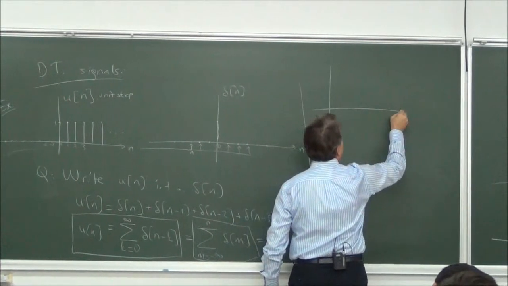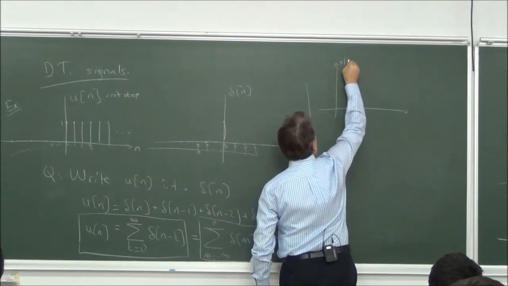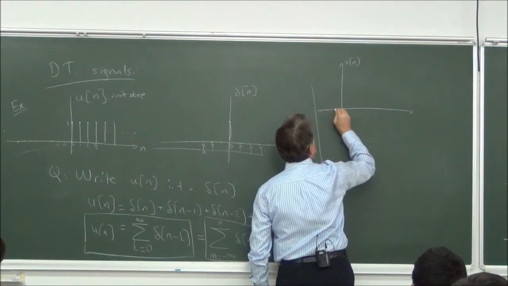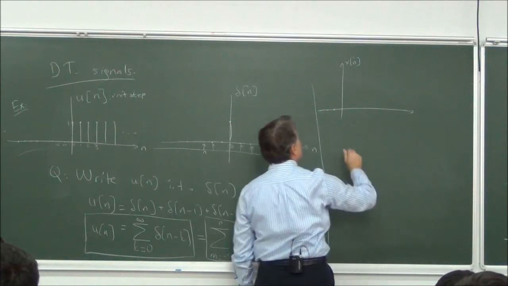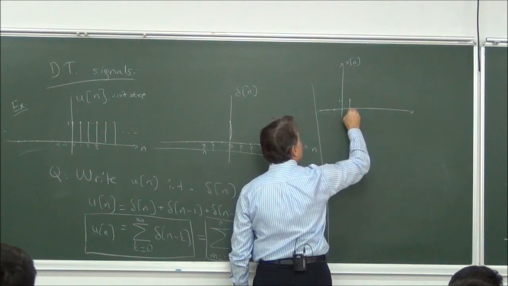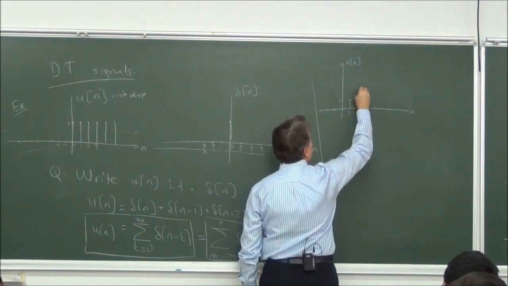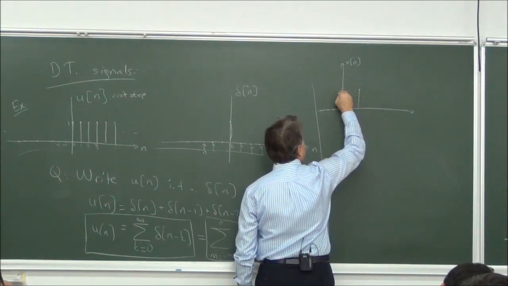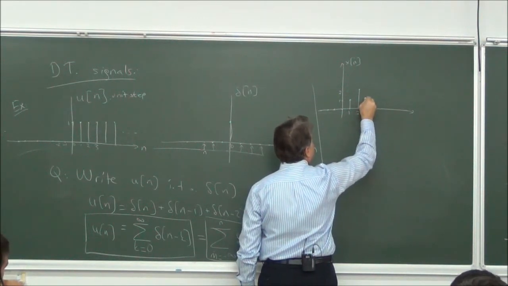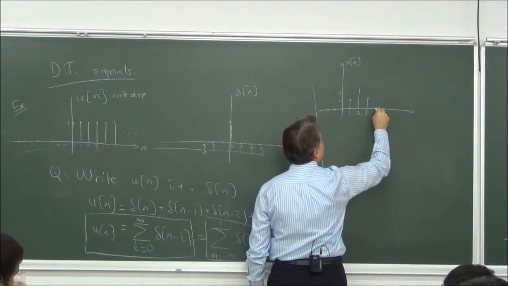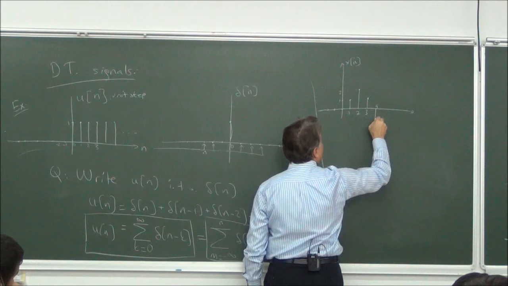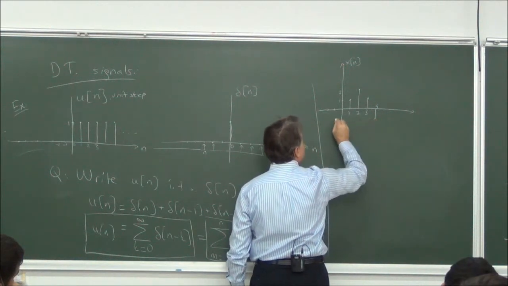For example, x of n is, suppose, like this. It is all zeros before 0, and at 1 it is 1, at 2 it is 2, at 3 it is again 1, and at 4 it is minus 1.